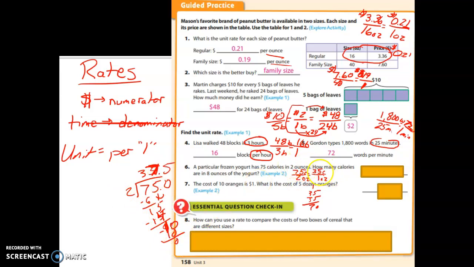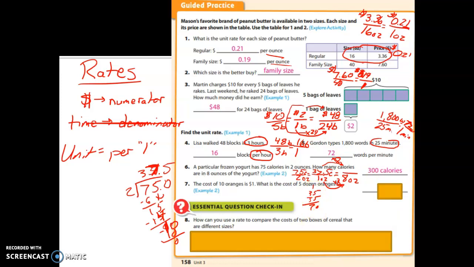So that's how many calories, let me erase this, 37 and a half calories for 1 ounce, and then we can figure out 8, right? So if there's 37 and a half calories in 1 ounce, how many would be in 8? Well, just take 37 and a half times 8, and you should get 300 calories. Okay?